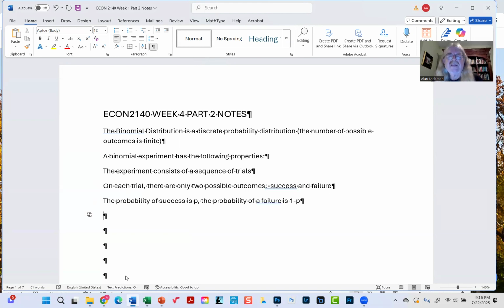And actually, there's one more thing. These probabilities do not change throughout the course of the experiment.